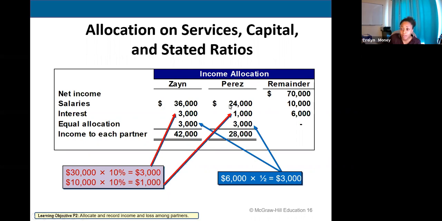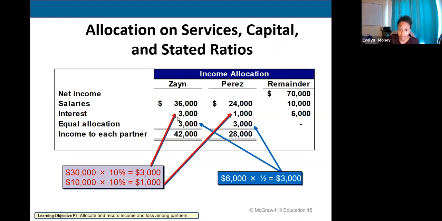So when we combine those two numbers and subtract them from the net income, we see that we have $10,000 in net income remaining to allocate. So that 36 plus 24 is 60. We subtract that 60 from this 70 to find that we have 10,000 left to allocate.